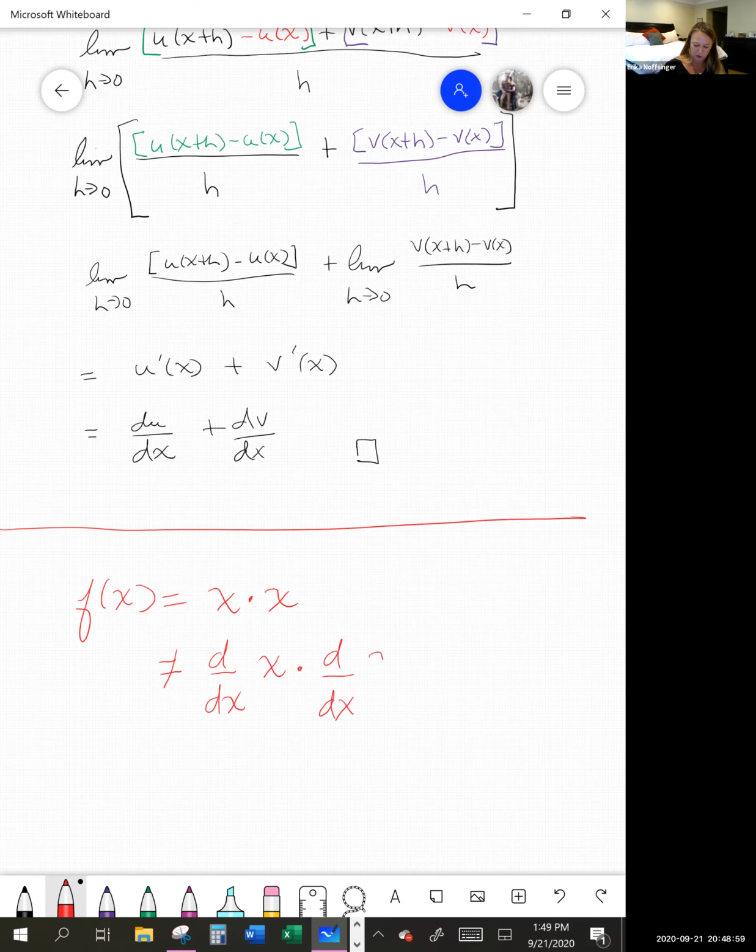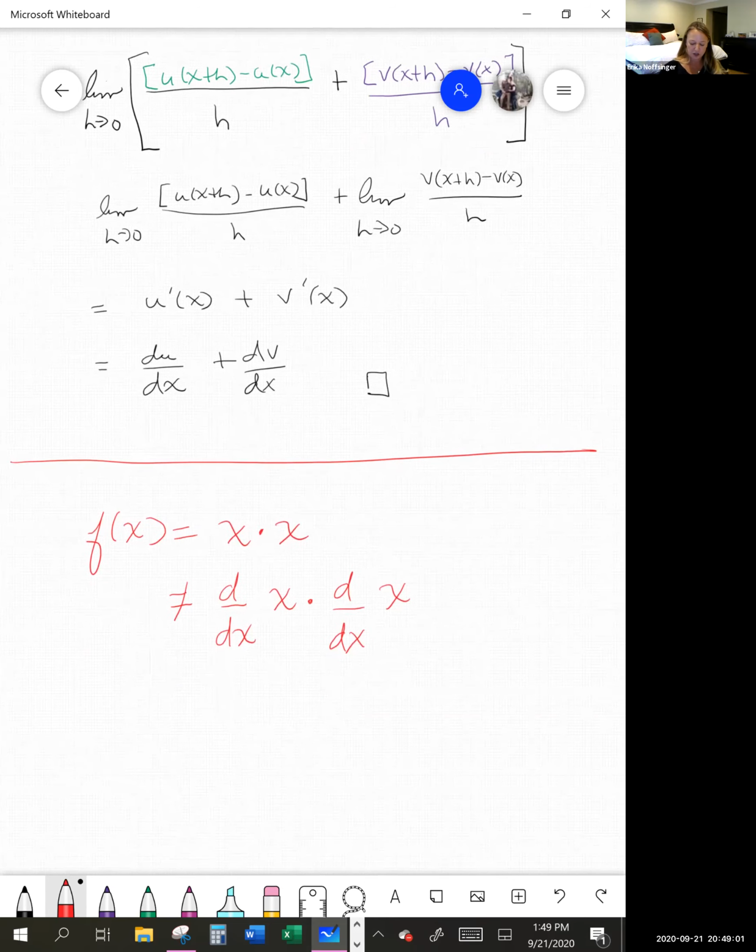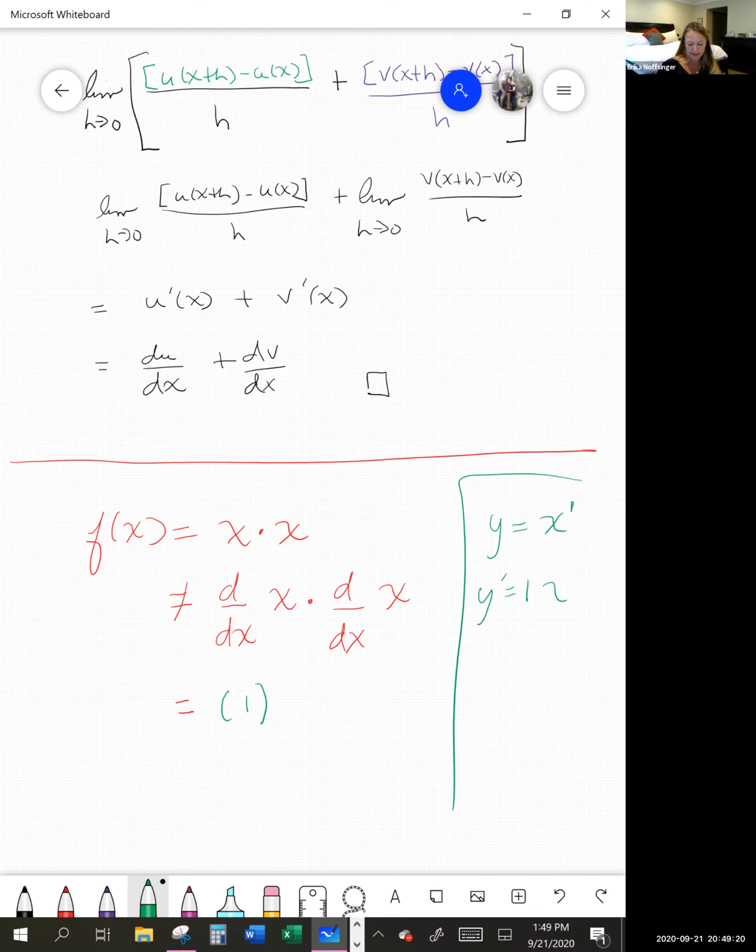And let's just show it real quick. If we just took the derivative of x, it is equal to 1. If I just use my general power rule, y equals x, if I bring down my power just to show it, y prime is 1 times x to the 1 minus 1 power.